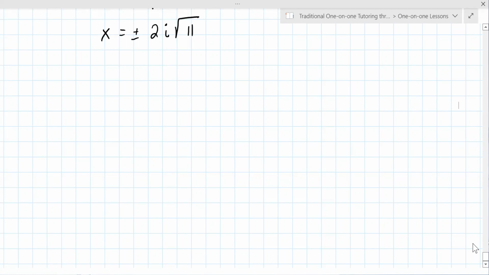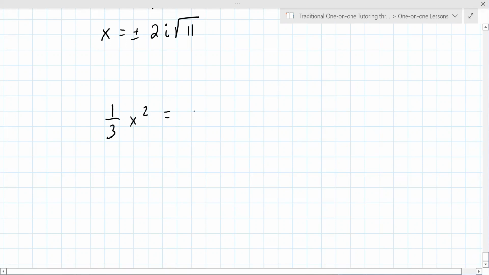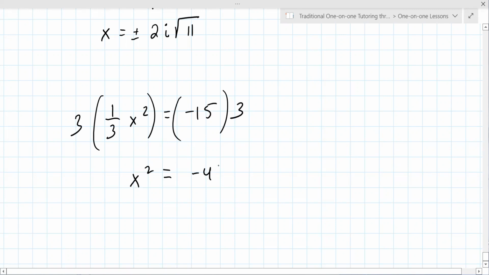Do you want to try 29 on your own, please? This fraction's kind of tricking me. The first thing is to undo the fraction. You just multiply both sides by whatever number gets rid of that fraction. What would that be? 3. You should eliminate fractions immediately in almost every problem you see from the beginning.